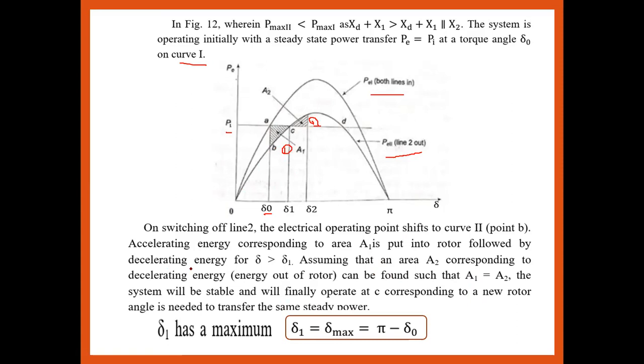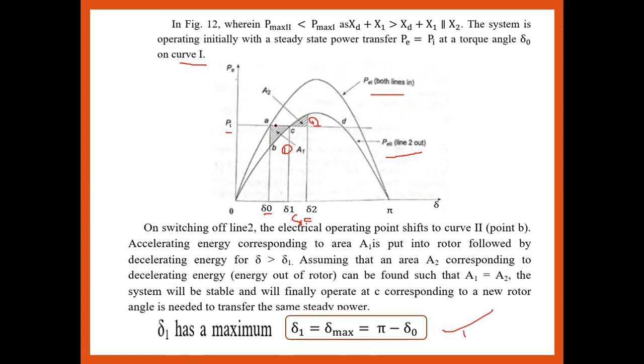So delta 1 is the maximum, also called the critical load angle or critical power angle, where the decelerating power and accelerating power should be equal, at the value of pi minus delta 0. The maximum delta 1 is pi minus delta 0, where the system remains stable.